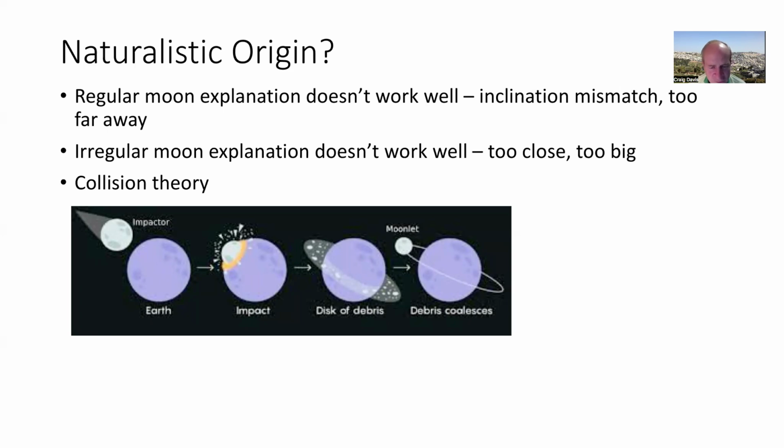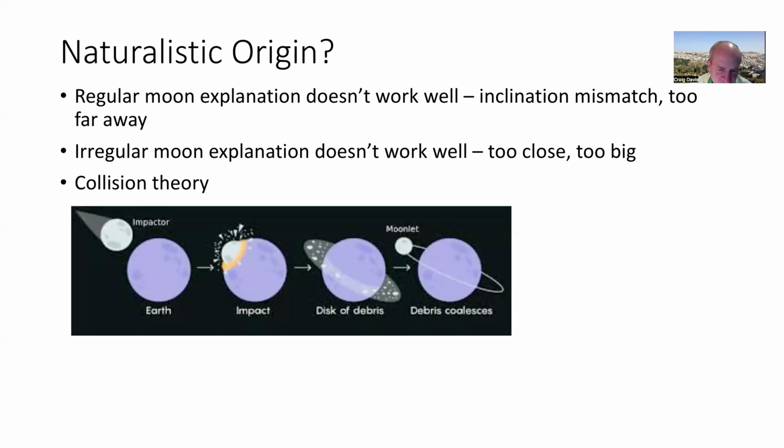Well, I think, once again, if you have watched the previous video on orbits, you would be suspicious as to how that could even happen. How debris would come off the Earth and end up in orbit is kind of dubious. And the picture is a little bit misleading because the debris there is right close to the Earth, but the debris would actually have to be quite a ways away in order to not get inside what's called the Roche limit.